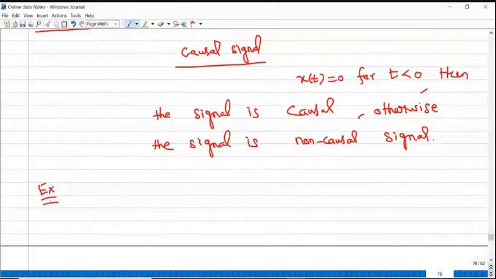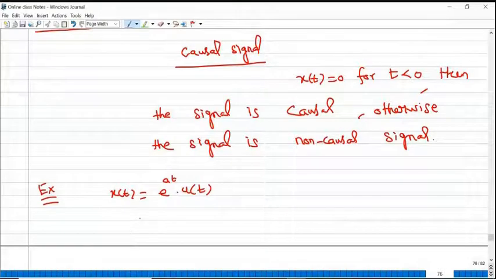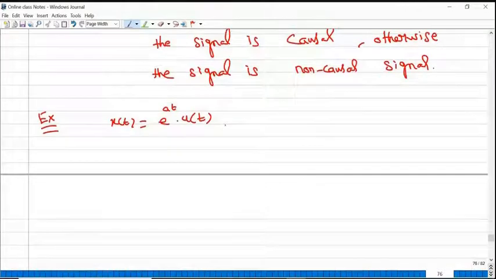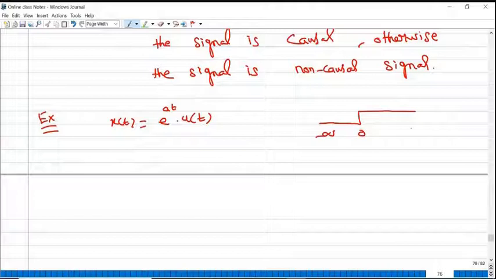Say, for example, x of t equals e power at dot u of t. The u of t signal is multiplied with the function e power at. We know the sketch for u of t: minus infinity to 0 is 0, and 0 to infinity is 1.